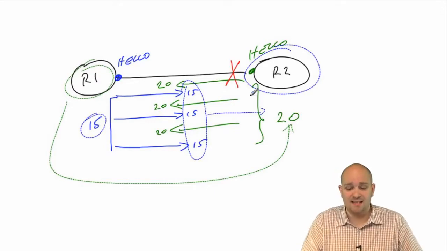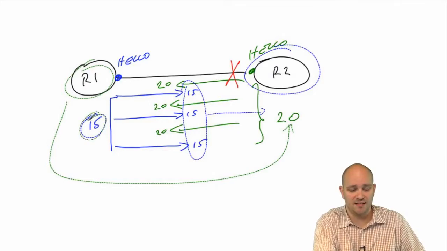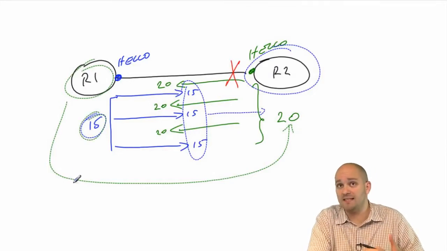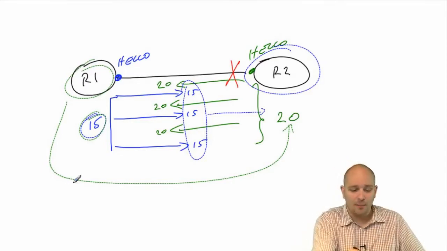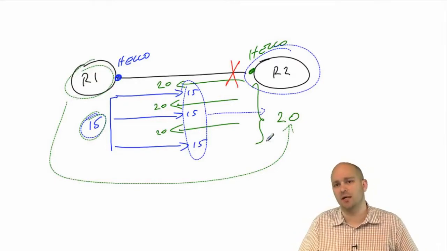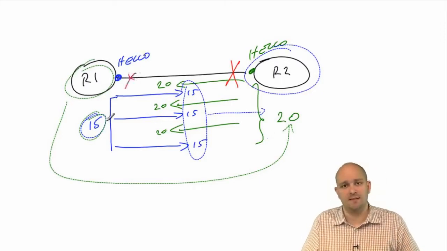So in this case, R2 may declare R1 as unreachable after 15 seconds since receipt of the last hello message, but R1 may need to wait 5 more seconds after R2 has declared this neighborship dead before it declares it dead.